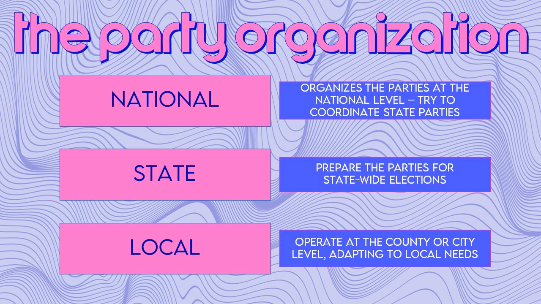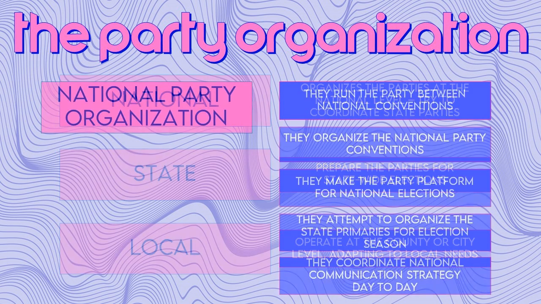These operate at the county or the city level, and they have to adapt to the local needs there. So similarly, the Democrats in Memphis are very, very different than the Democrats in Knoxville, Tennessee. They have completely different ideas about what the right policies ought to be, because they each have to adapt to what's the best way to win the elections where they are.